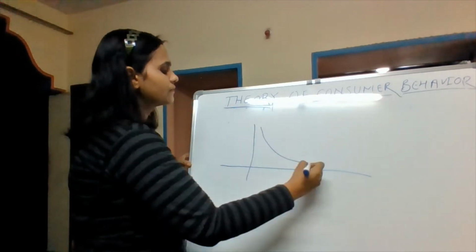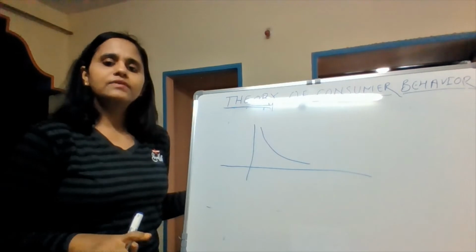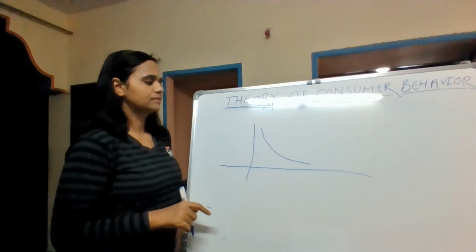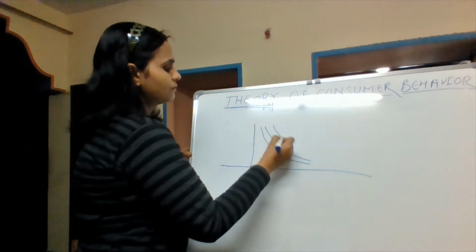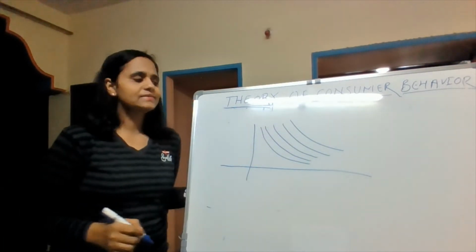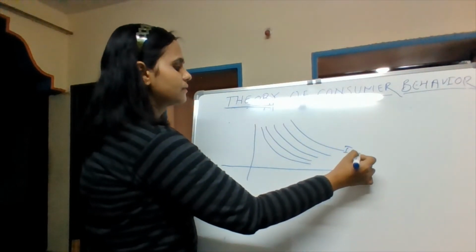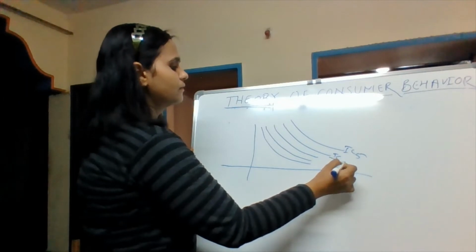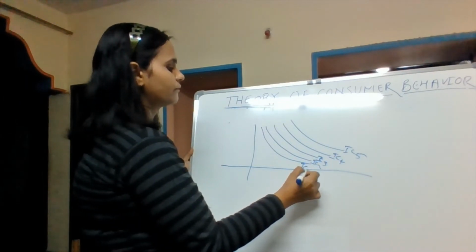So you have an indifference curve here. The first property says a higher indifference curve gives you higher utility. So what does that mean? You can have multiple indifference curves. Consider this is IC5, IC4, IC3, IC2, IC1.